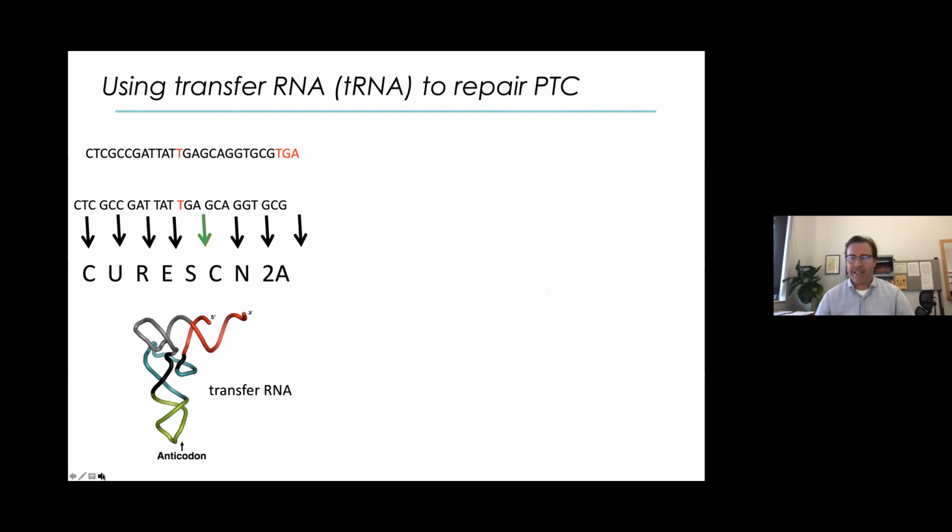Yeah, so basically turning that red arrow into a green arrow just by expressing this specific lab-generated transfer RNA that now carries the ability to read through that TGA and turn it back into the correct amino acid. What my lab has been doing for the last couple of years is expanding on this idea and building this technology to the point where we have a number of different tRNAs that we've identified that are unique laboratory-generated molecules. They're forms of RNA, they're tRNAs.